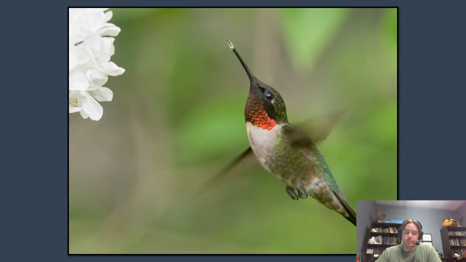And so to do that, it has to hover at flowers. And so it requires a tremendously powerful circulatory system. And that circulatory system has evolved to have an active heart rate, or number of beats per minute, of 1300. So 1300 beats per minute during activity.